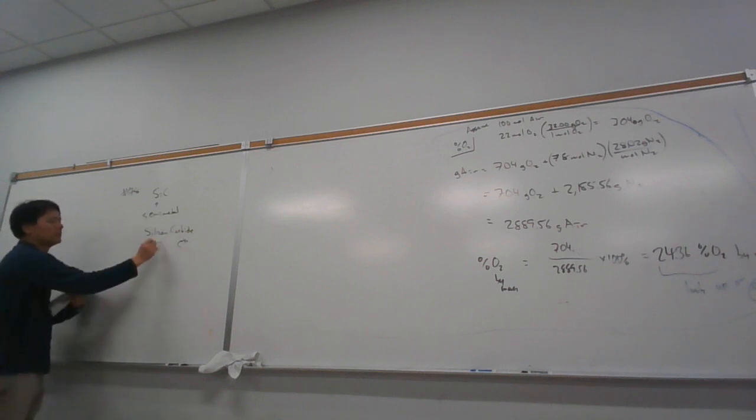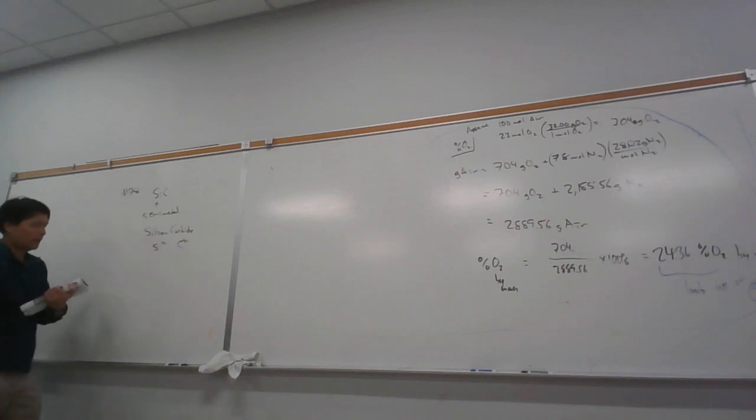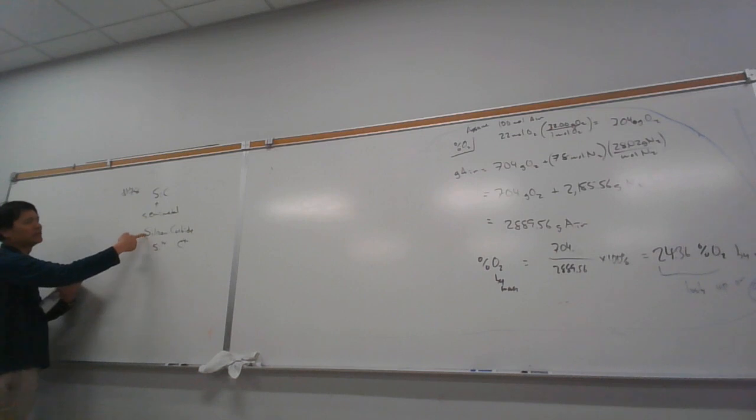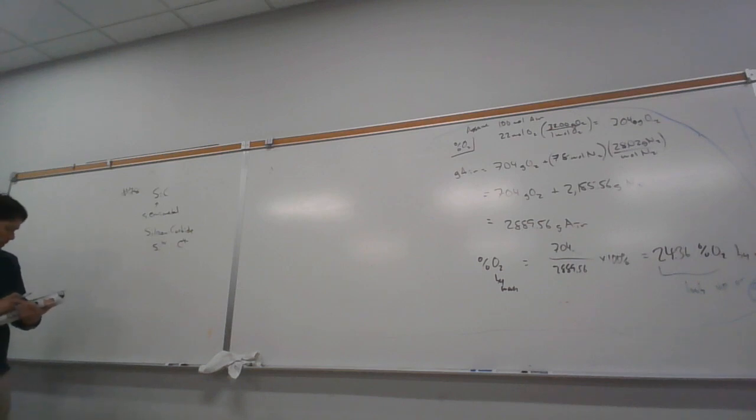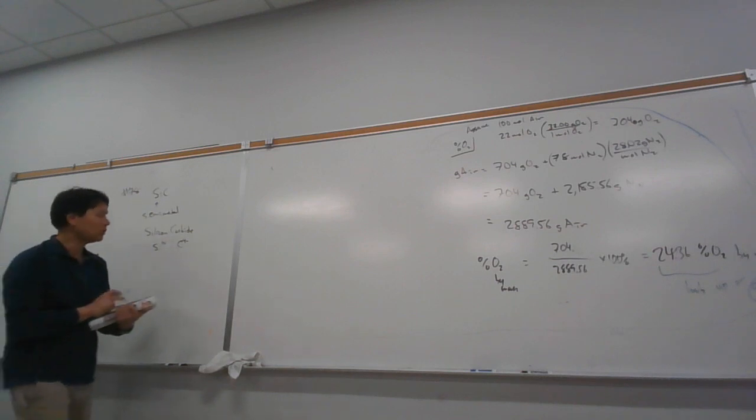This would be the silicon cation, which would be a silicon 4 plus. And so silicon carbide, or you could say silicon monocarbide, but silicon monocarbide is awkward. This is silicon carbide. We can tell the ratio based on the charge in the carbide ion. But silicon carbide is made from sand and coke.